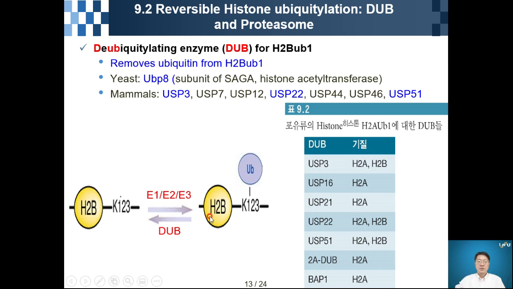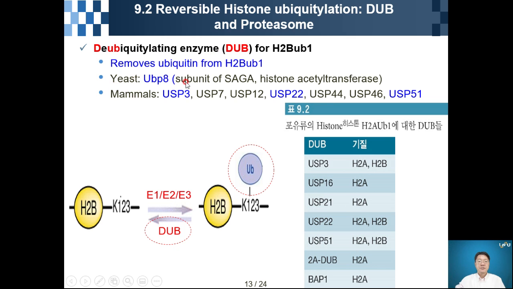So this is H2B-UB1, and the main function of DUB is to remove the ubiquitin from it, which makes H2B. In yeast, the very famous DUB is UBP8.